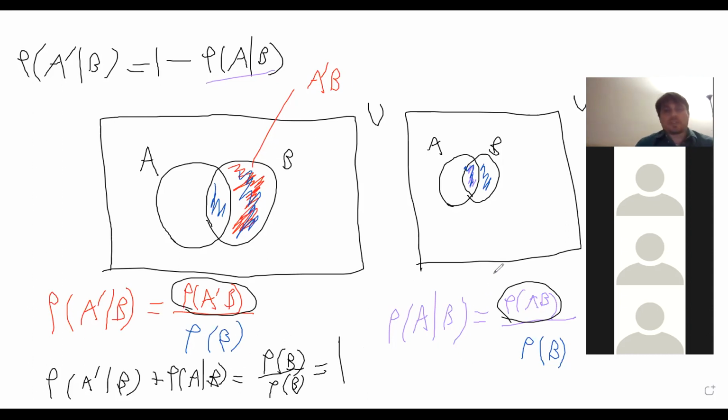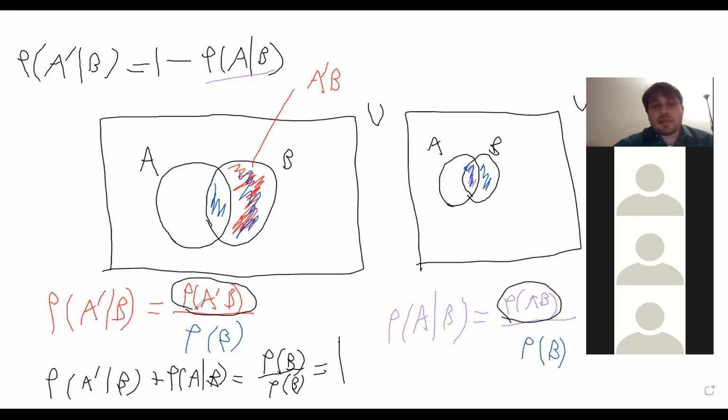Does that make sense? And I tried to illustrate for you why it would make sense that this equation works. You're just basically finding the probability of the red region plus the probability of the purple region, divided by the probability of B. So you end up with probability of B over B, which is 1.